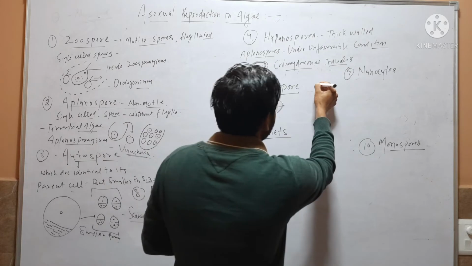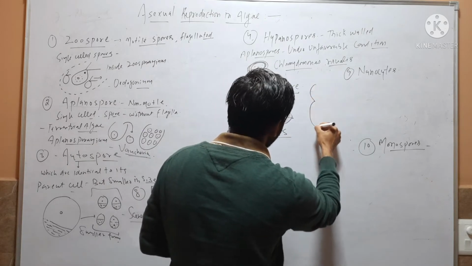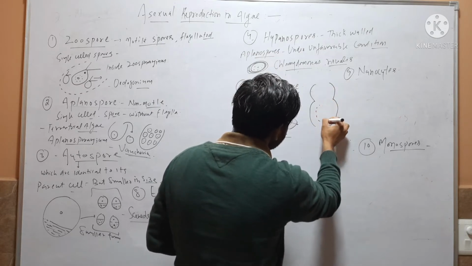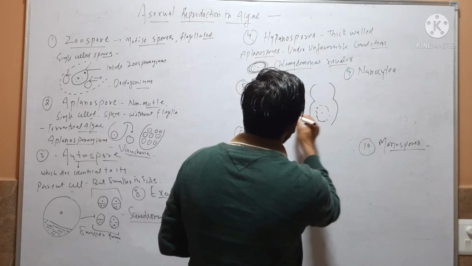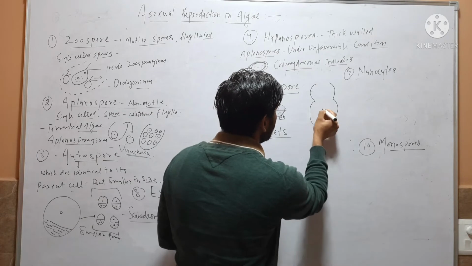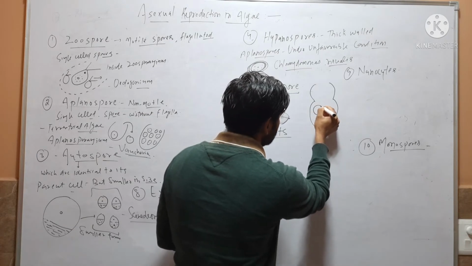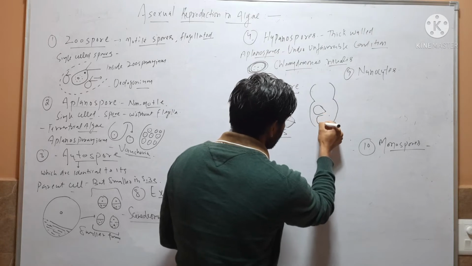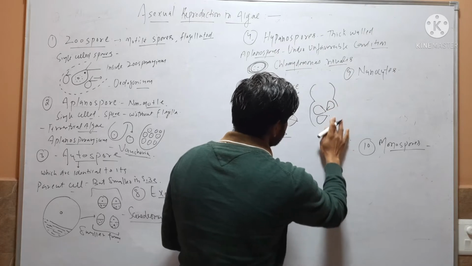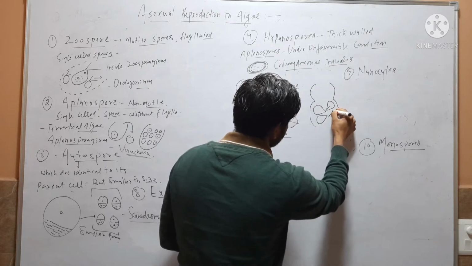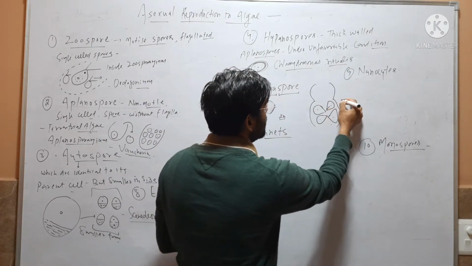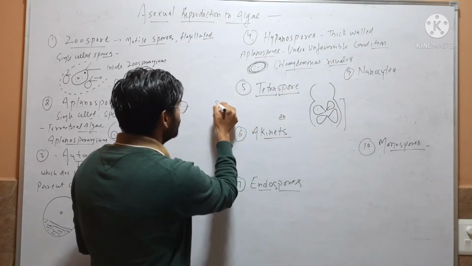Here a single diploid cell divides by, suppose this is a single cell and it is diploid, it is 2n, it divides by meiosis and it produces 4 spores, 4 different spores like this. It divides by meiosis and it produces 4 spores inside a sporangium.